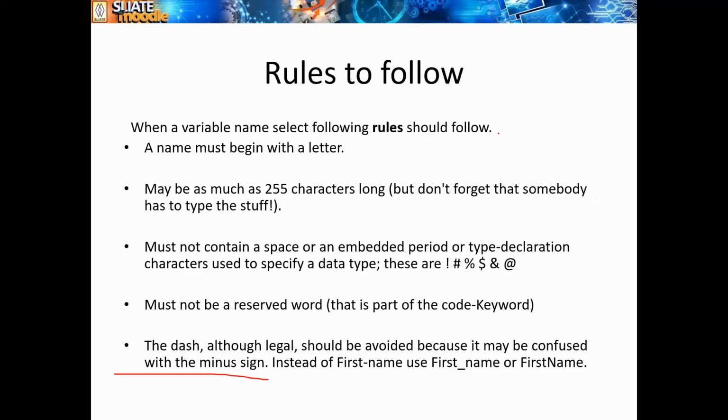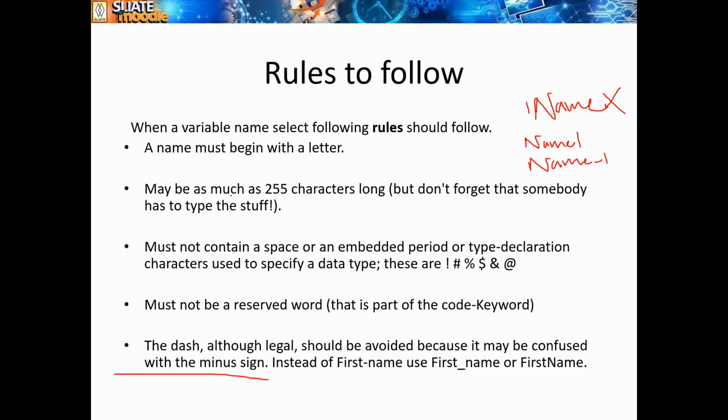So you will have to begin with a letter, right? So we are not going to write 1name like that. This is prohibited, right? If you want to give name 1, then you can simply say name1 or else name_1, right?